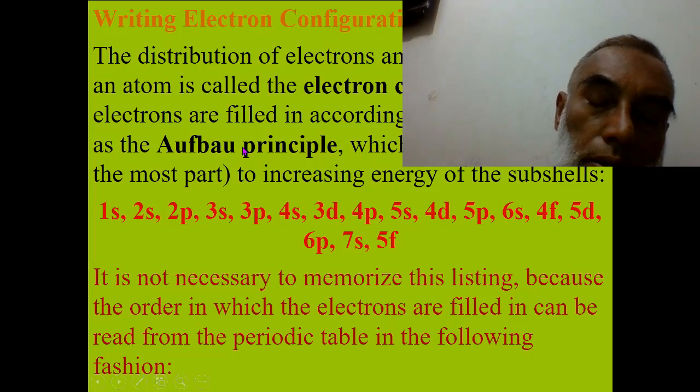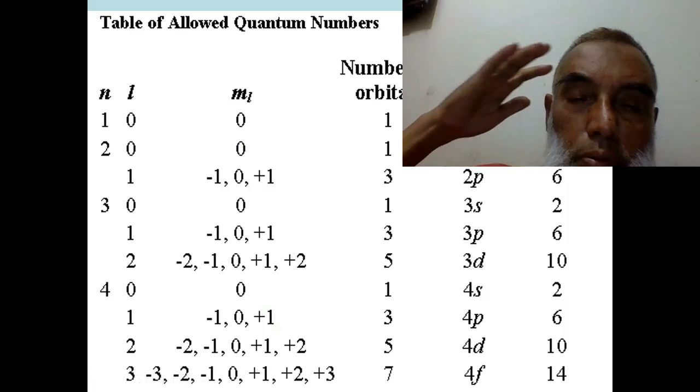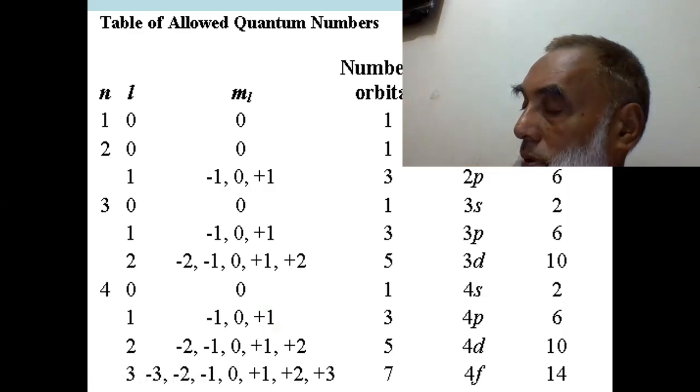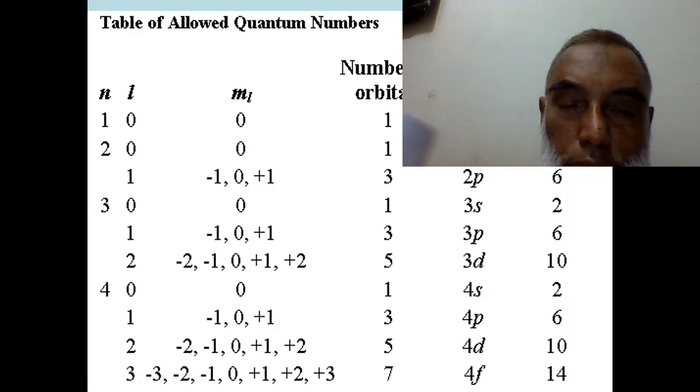There, the principal quantum number is 2, but azimuthal quantum number 0. So magnetic quantum number is also 0, and for this there will be two electrons. One will have plus half spin, and another will have minus half spin.